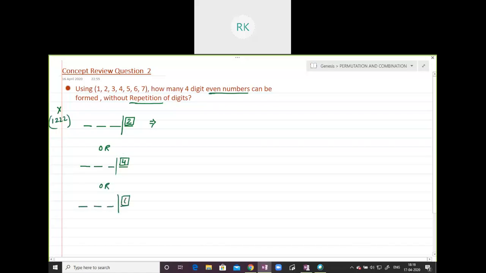I'll freeze these at the last position with 2, 4 and 6. Now we'll find out how many numbers end with 2, how many end with 4, and how many end with 6.